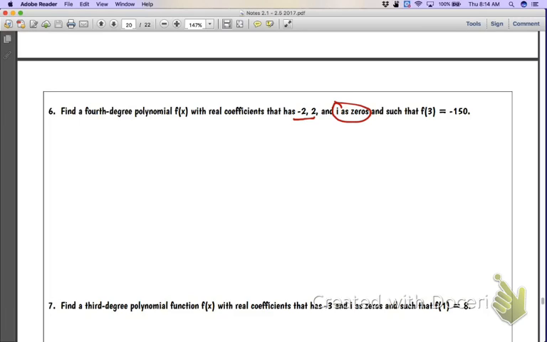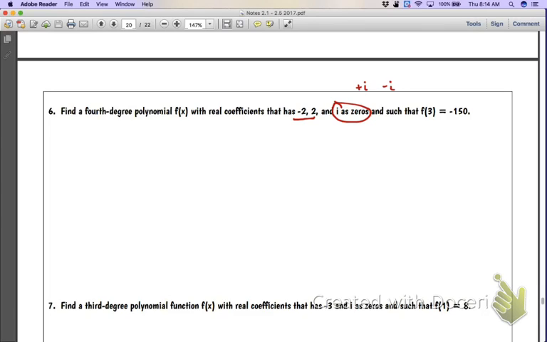Well, whenever we have an i, that means we're also going to have a negative i. Okay? So anytime you have an imaginary number, you're going to have the conjugate of it. So if I have a positive i as a solution, then I'm going to have a negative i as a solution as well.